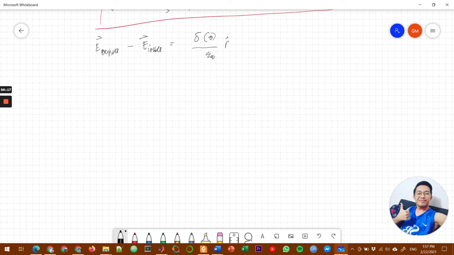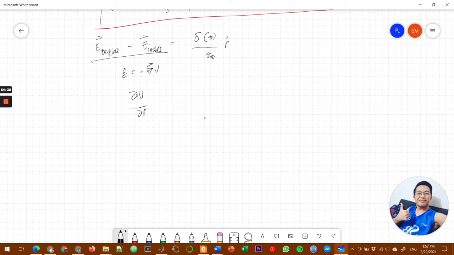We know the formula negative del V, so this equation is just the derivative of V with respect to r.